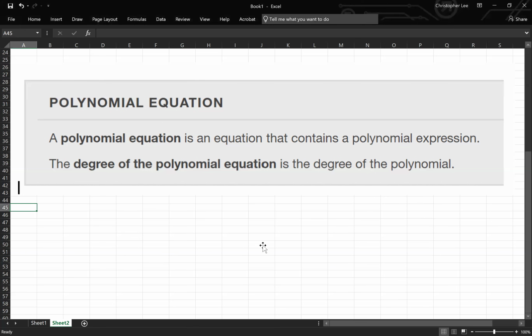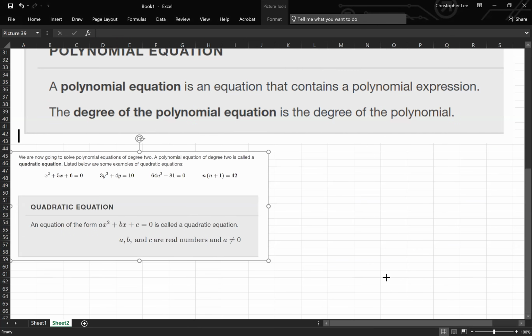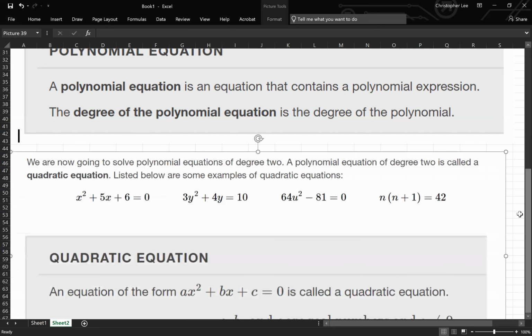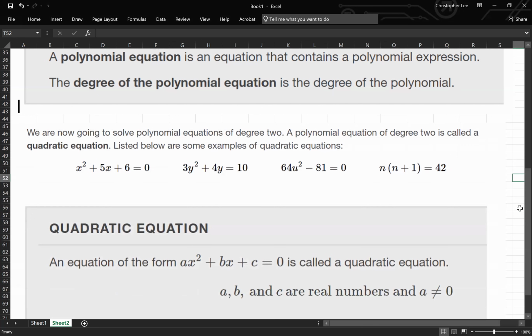All right. So we are now going to solve polynomial equations of degree 2. A polynomial equation of degree 2 is called a quadratic equation, right? Here are some examples: x squared plus 5x plus 6 equals 0, or 3y squared plus 4y equals 10, or 64u squared minus 81 equals 0, or n times n plus 1 equals 42, right?